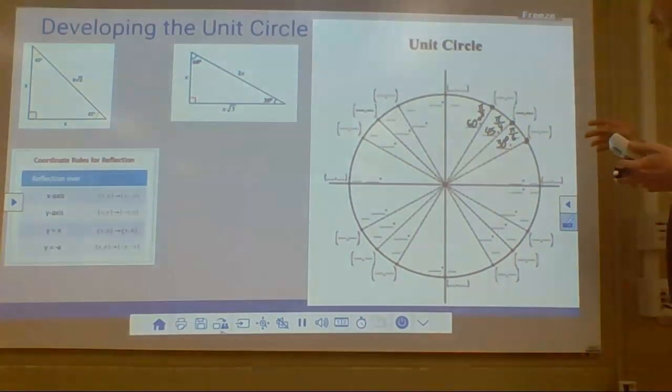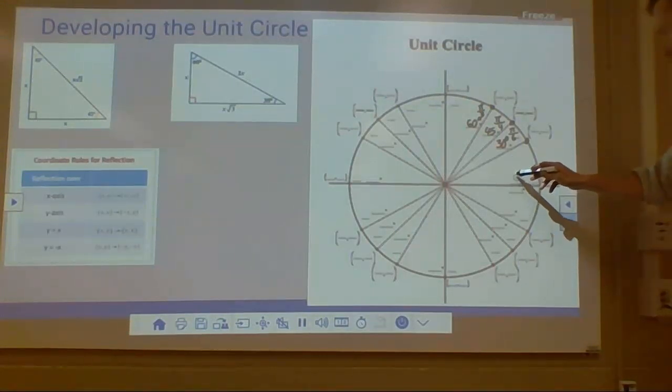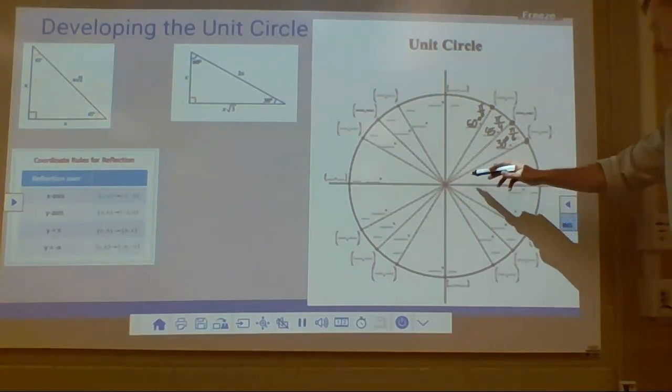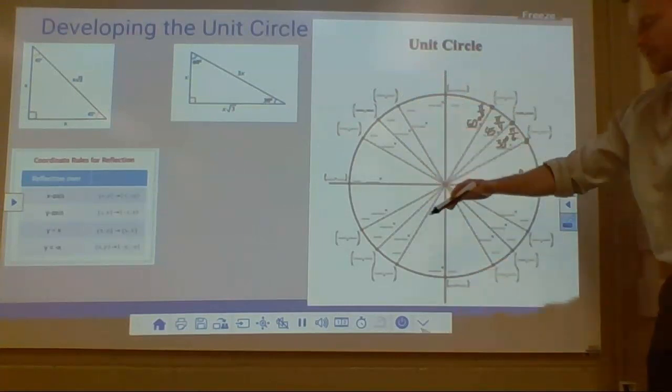Okay, so let's go ahead and get underway. So let's start off right here. We're going to say this is a 0 degree angle. Here we've got our terminal side just falls along our x-axis, so it hasn't moved at all. It hasn't started going around the circle yet at all.